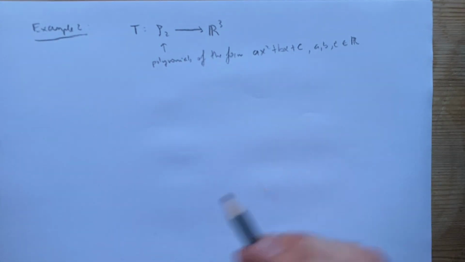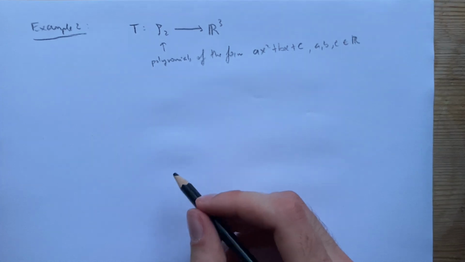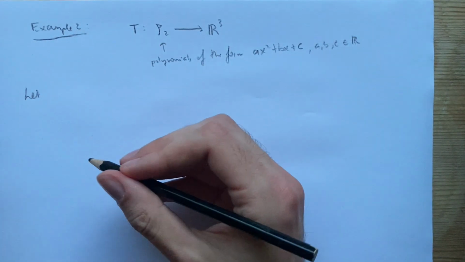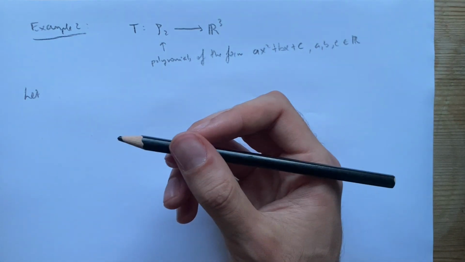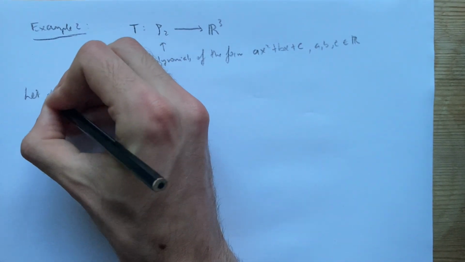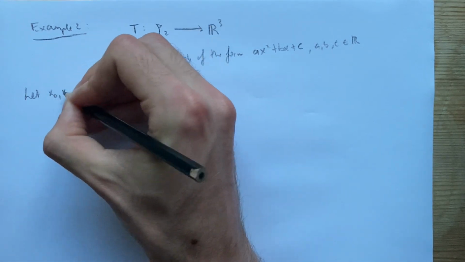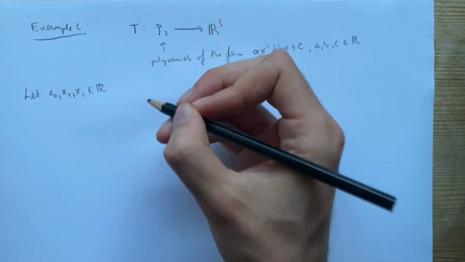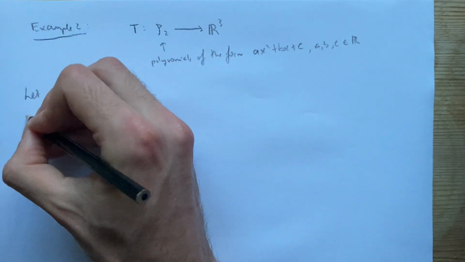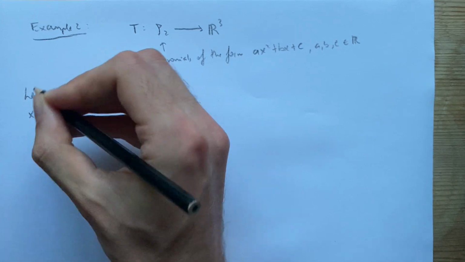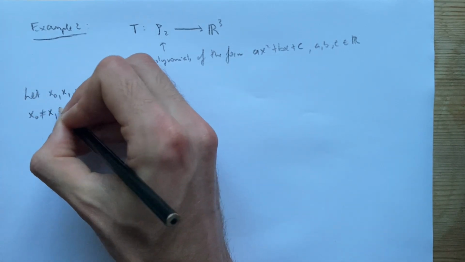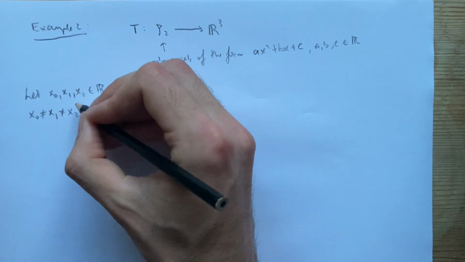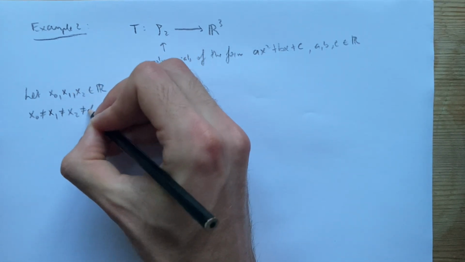Right? And we will look at the linear transformation which is given by sampling the polynomials at 3 different points. So we take 3 real numbers, x0, x1, and x2, which are all pairwise distinct. So we take x1 is not equal to x0 and not the same as x2.